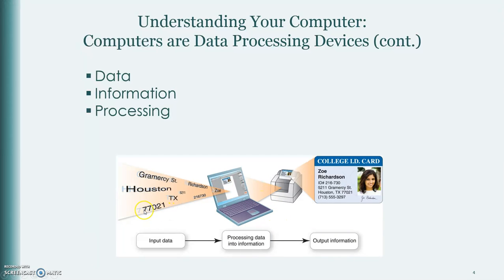Right, now we know, oh, okay, this is a zip code. Oh, right, this is a city, this is a state, this is a last name, etc. And then our output here is going to be this ID card. Okay, now we see a picture of Zoe, we have her name, her ID number, her address, her phone number. All right, so that's what happens after the data is processed. We get this output of information.